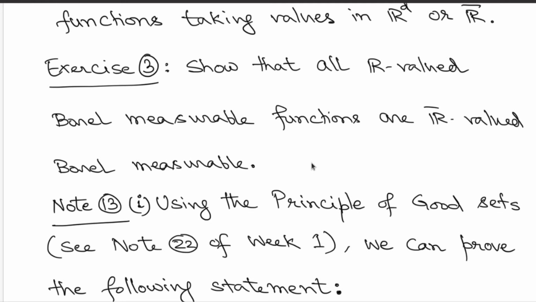The function has domain omega and the function has range the extended real line. So I put the given sigma field on the domain side, but on the range side with the extended real line I put the Borel sigma field of the extended real line. Now you can ask, is this measurable with respect to the Borel sigma field of the extended real line? And the answer is yes, as suggested by exercise 3. So please work this out.